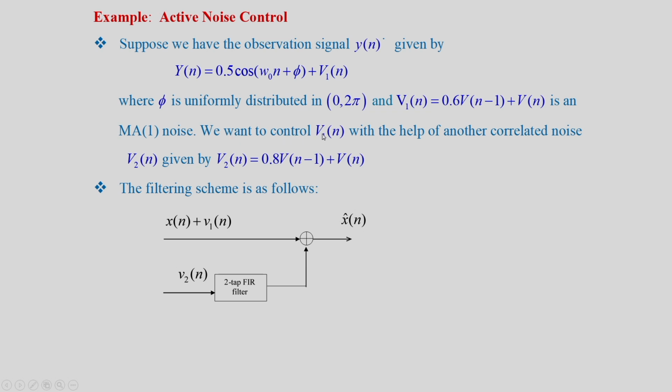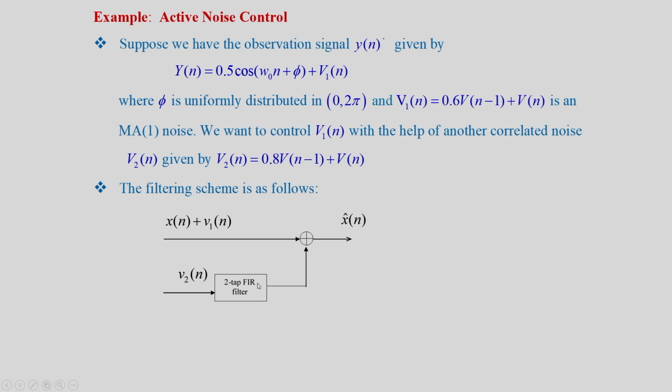We want to control v1(n) with the help of another correlated noise v2(n), which is given by v2(n) equal to 0.8 v(n minus 1) plus v(n). v2(n) and v1(n) are correlated noise. Now, using the two-step FIR Wiener filter, we will try to estimate v1(n) from this input, because they are correlated.